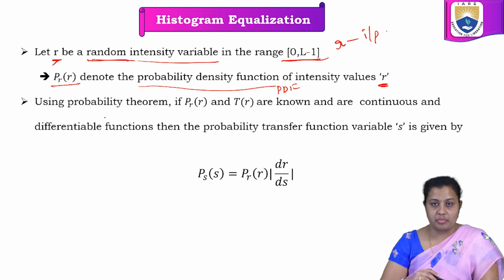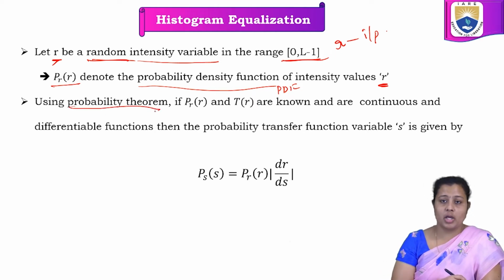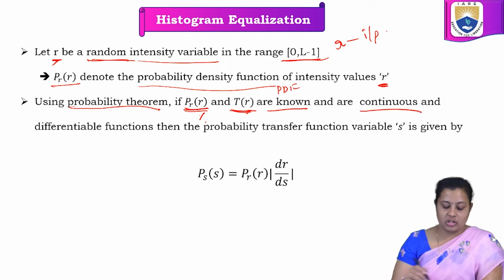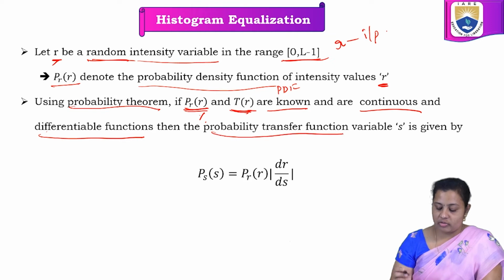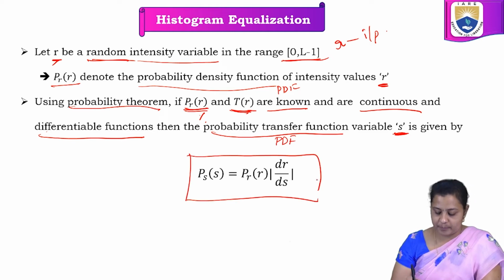Now we are using the probability theorem. What the theorem says is, if the PDF of the input intensity value R and the transform function T are known, and they are also continuous and differentiable functions, then the probability density function of my output intensity values S can be given by this equation.